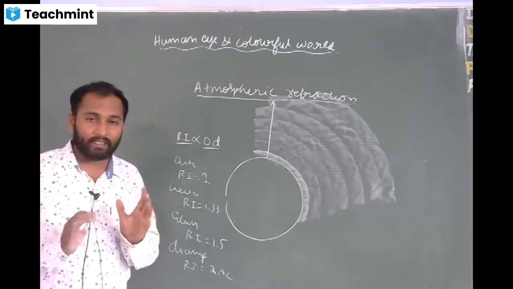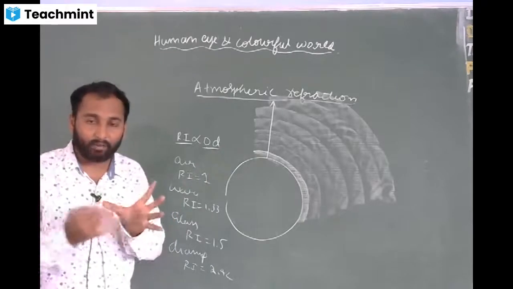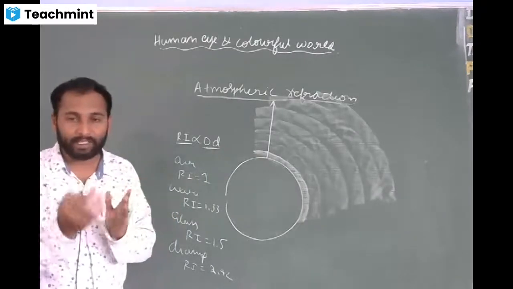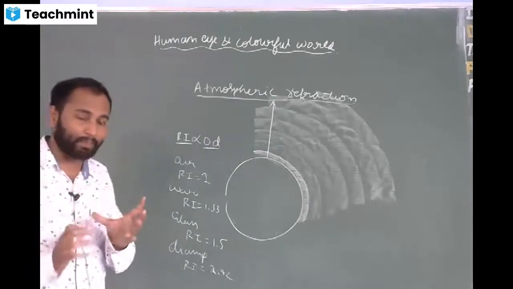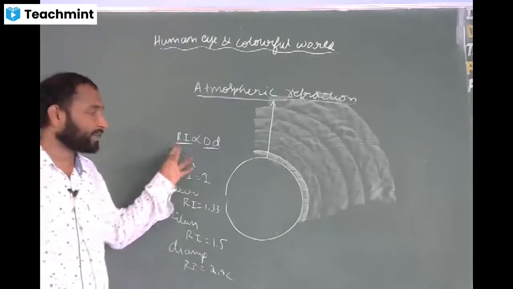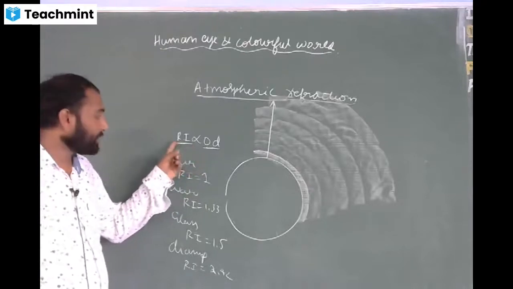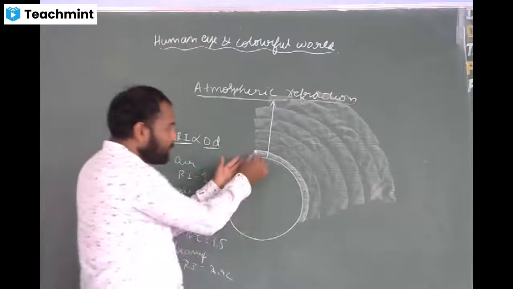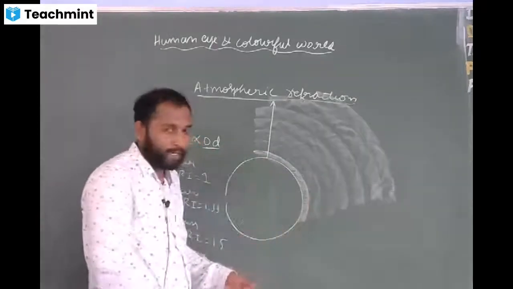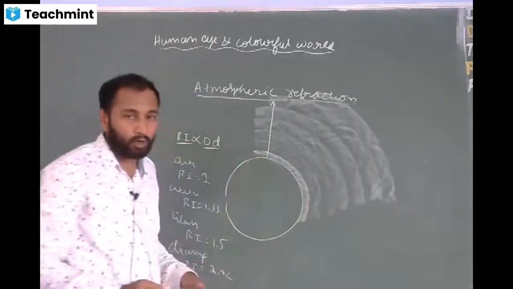Optical density means density of molecules, mass by volume. If the presence of molecules inside that medium is more, the refractive index will be more. So refractive index is directly proportional to optical density. Now here we have cold air, so optical density is more.